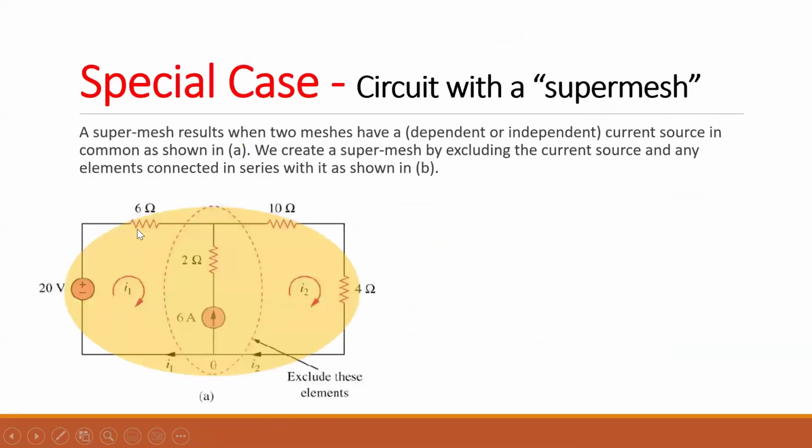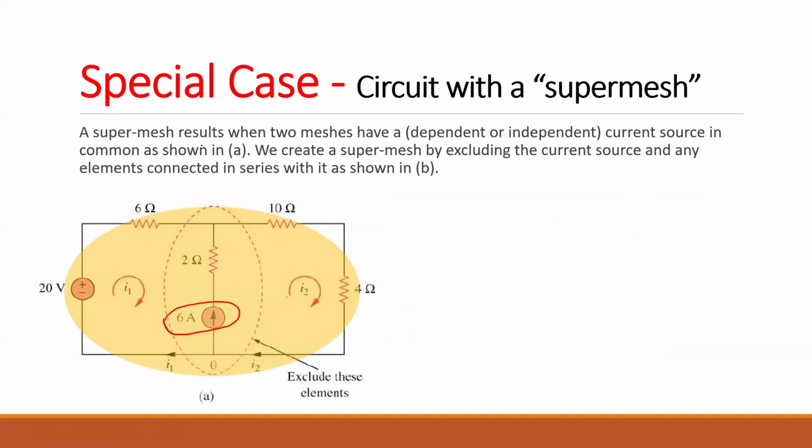Okay, one more section to cover. So we had a supernode when we considered the voltage method. Now, when we consider the mesh current method, we have to figure out whenever we have a supermesh. A supermesh is where you have a current source shared by two meshes.